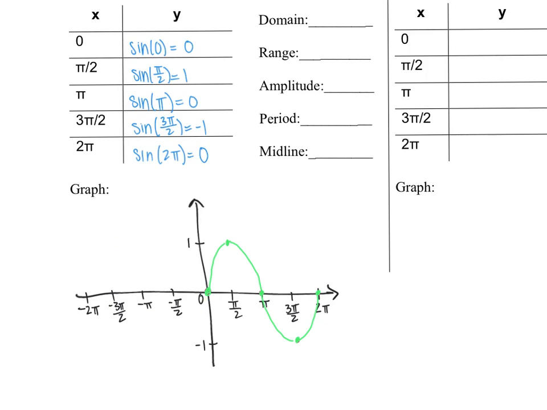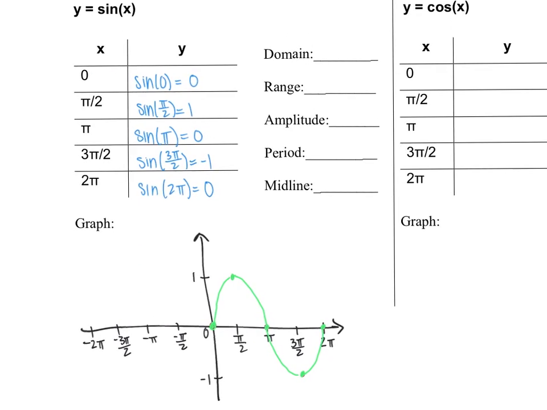So one of the cool things about a sine graph is that it oscillates. And what that means is that you see this wave here, it just keeps doing this wave shape as it further extends onto positive infinity for the x direction, but also for the negative x direction. So if it were to keep going, it just goes like a wave, up and down and up and down.